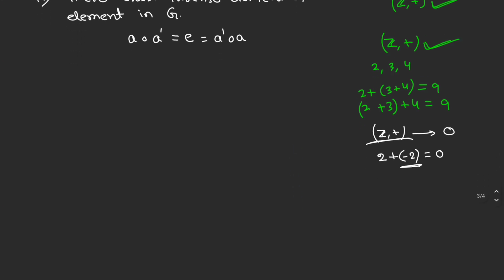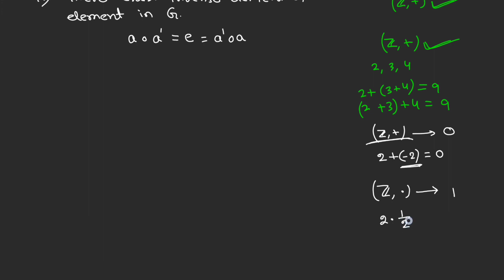Let's take another example, Z with dot. That means here the operation is multiplication. In this case, what is the identity element? Obviously 1. So if 2 is an arbitrary element, what will be the inverse element? You have to find an element such that if you apply multiplication, you get the result 1. So obviously the element will be half. Yes or no?